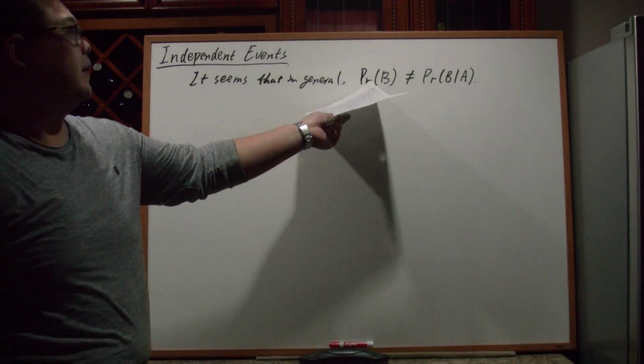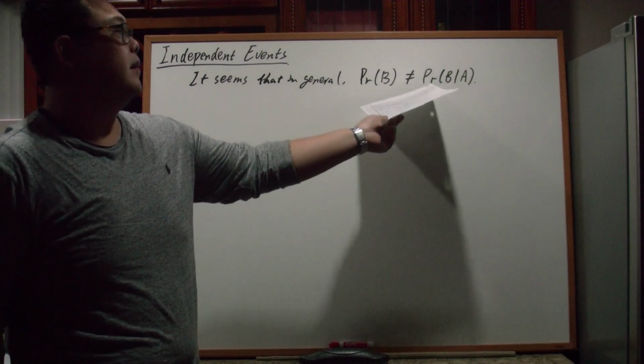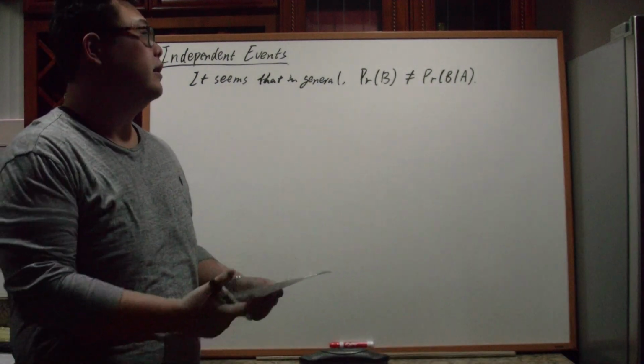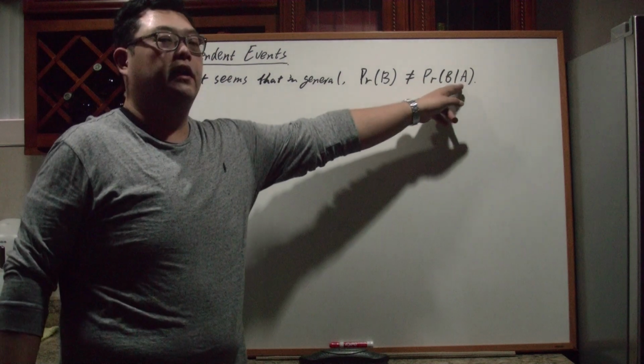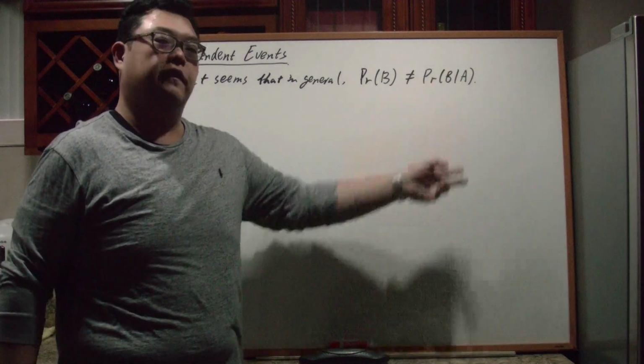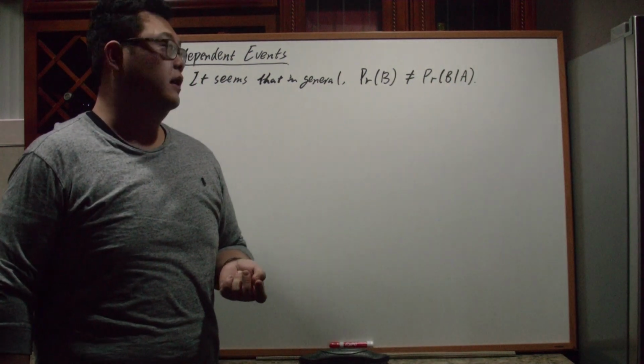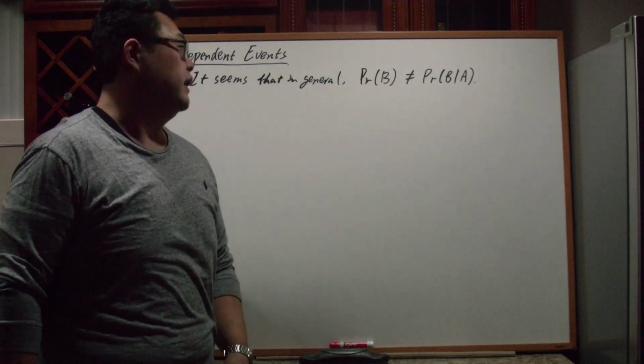We have a simple probability of the B event, right? But if we have an extra condition of A, then the probability of B given A occurs is not equal to the probability of B itself.